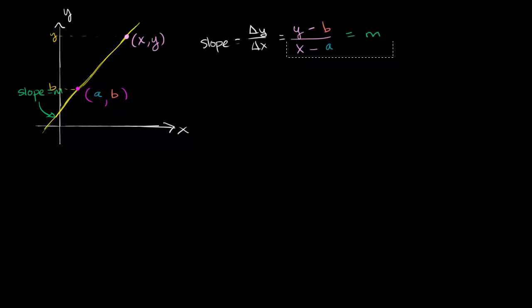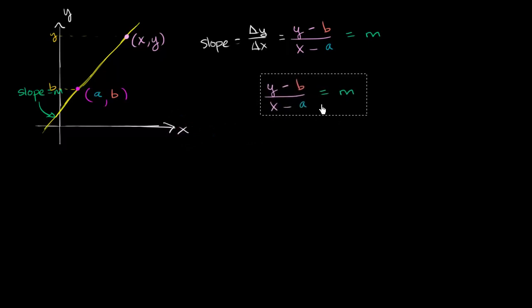So let me paste that. To simplify this expression a little bit, or at least to get rid of the x minus a in the denominator, let's multiply both sides by x minus a.